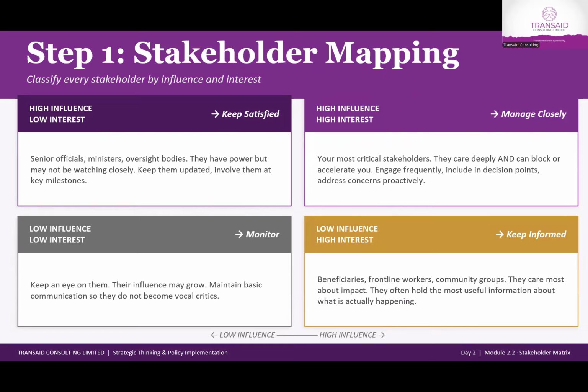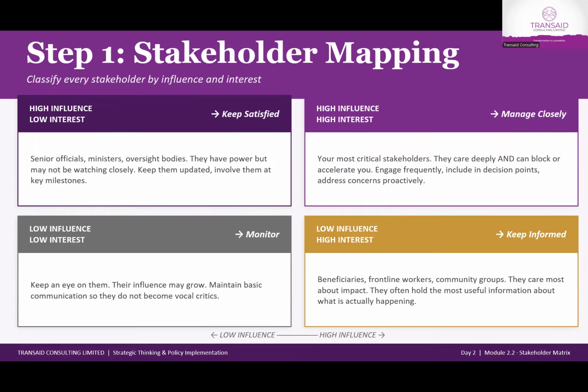This is typically done by using the stakeholder matrix, also known as the power and interest grid. It helps you to move away from treating everybody as the same. Instead, you focus your energy where it matters most.